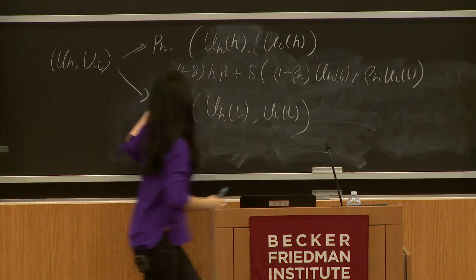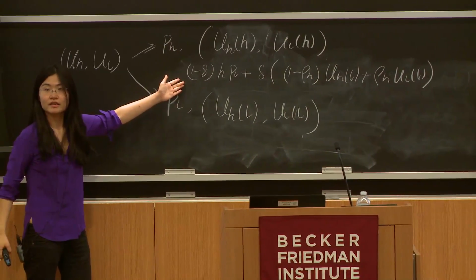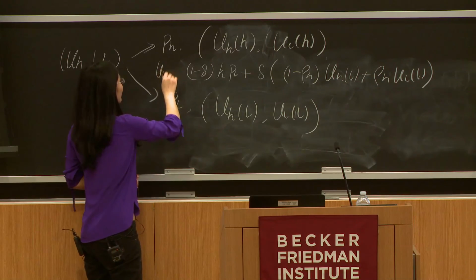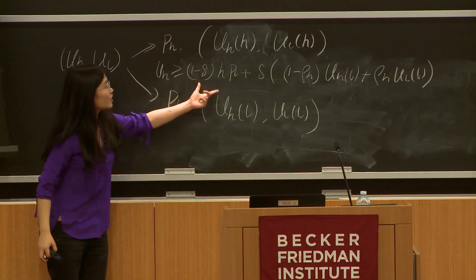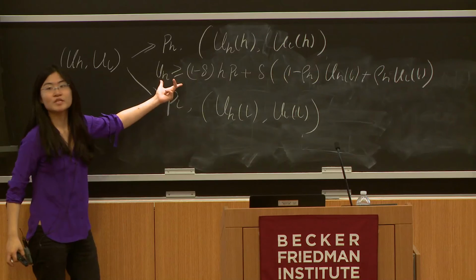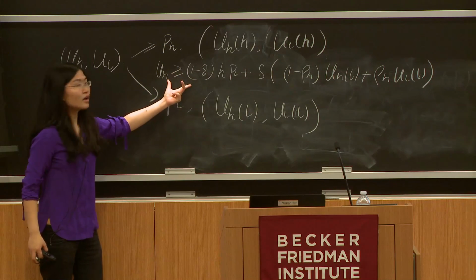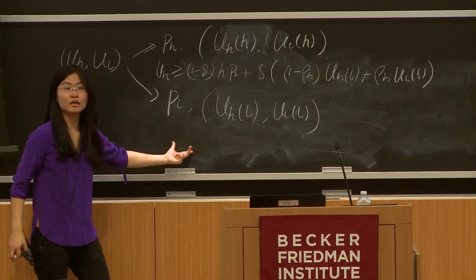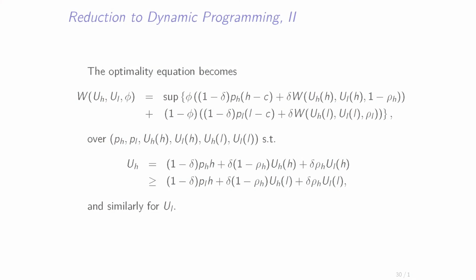So this is the utility the agent will get from lying today. And we have to make sure that UH is greater than this. And applying the same equation to this bundle, that is promise keeping. So we have a promise keeping equation here, an IC constraint here, a promise keeping equation here, and an IC constraint here. And the one-shot deviation principle will apply here. So we are fine.